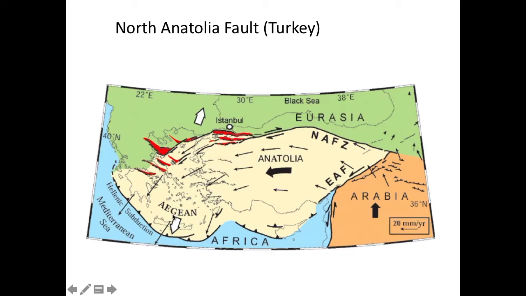You can see this kind of a rotational motion, and what that means is that you can sort of think of it as a watermelon seed being sort of squeezed out to the left here, and so that causes a major strike slip fault here, right lateral strike slip fault, and there's been a series of earthquakes along this fault in recent years, and Istanbul there is kind of due for a major earthquake.